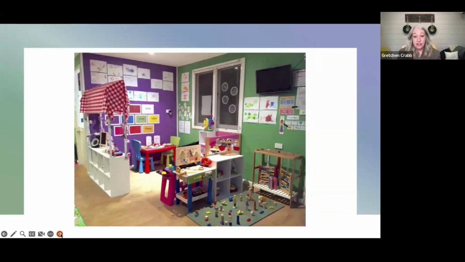Like in this environment, you can see there's a lot of things happening here on the wall. And when I look at this, I'm like, what is it most important that the children focus on? And this could work for a lot of kids, especially kids who are hyposensitive. They're going to take in all of this, and it'll work for them.